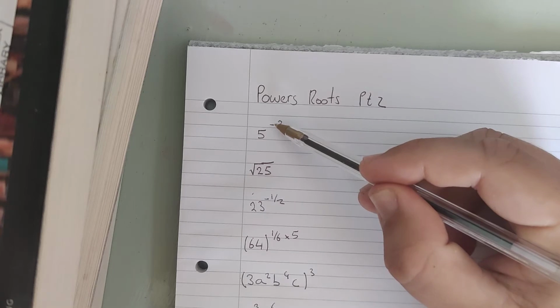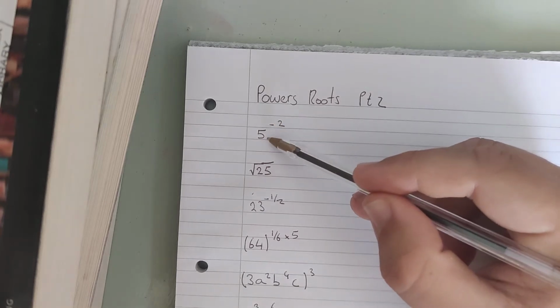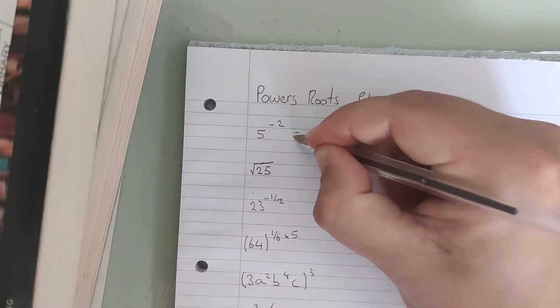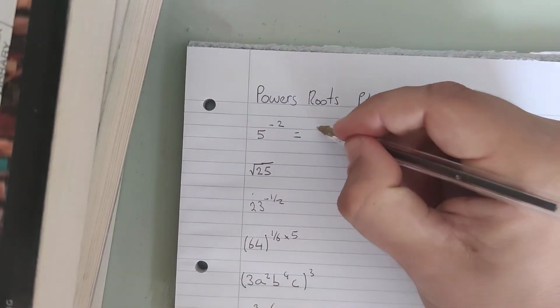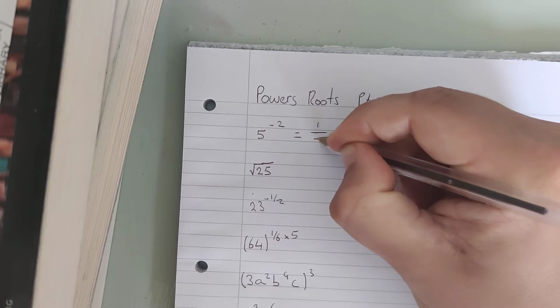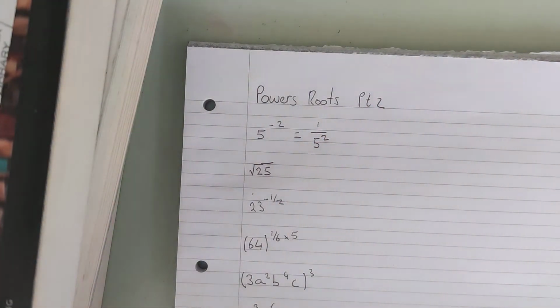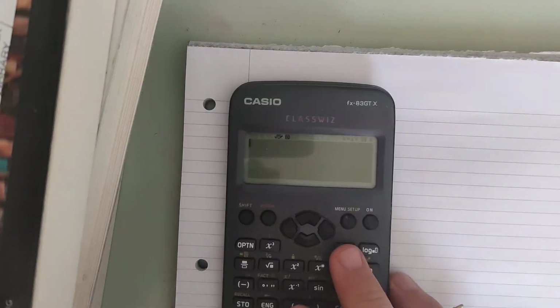So when it's a minus sign, when it's 5 to the power of something negative, it can be rewritten as a fraction with the power on the bottom. All that means is, if I get a calculator, we can show you.